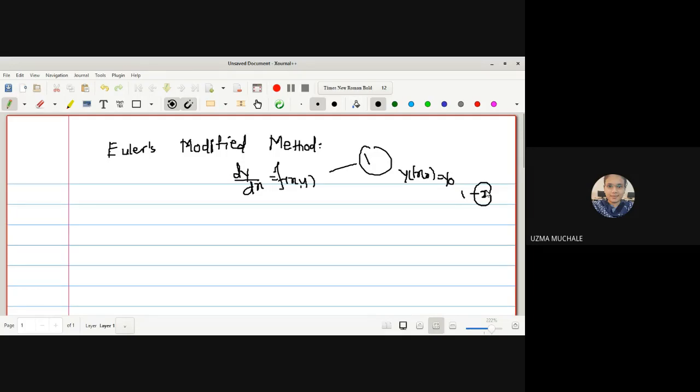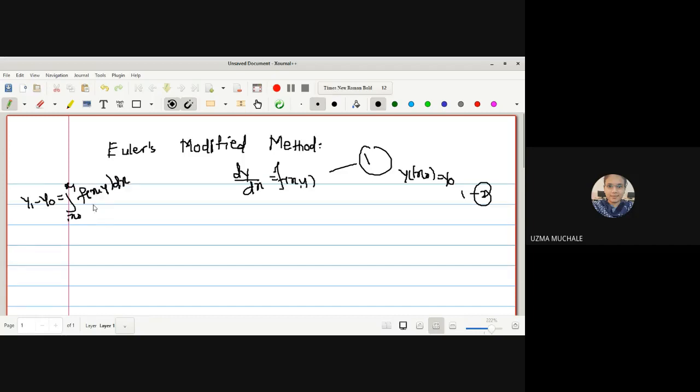Whatever we have done for our Euler's method, we have found the direct integration within the limit x naught to x1, of f of x y.